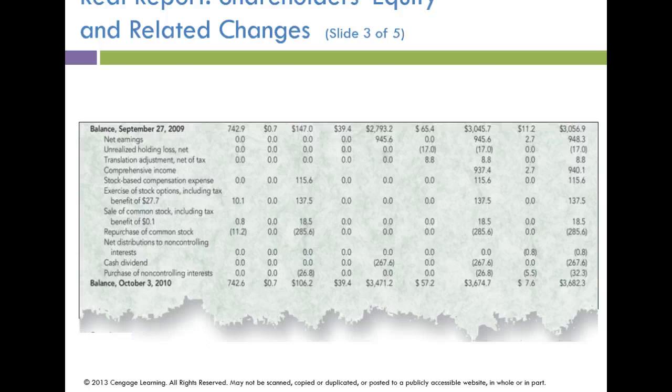And then we go into our retained earnings of the various losses and stock options, and we come up with a balance as of 2010. Same concept, we're just taking the information from various sources.